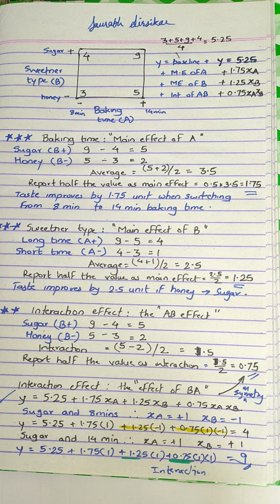We can see that we get better taste if we increase the baking time from 8 minutes to 14 minutes. But what will happen to taste if we go on cooking for 16 minutes, 18 minutes, 20 minutes, 30 minutes and so on? Will the taste really keep improving? Think of all those burnt cakes you are going to create.